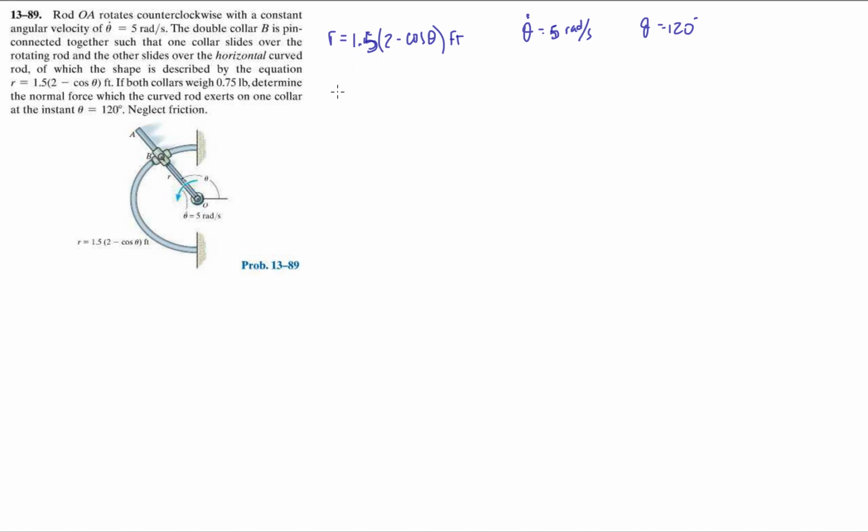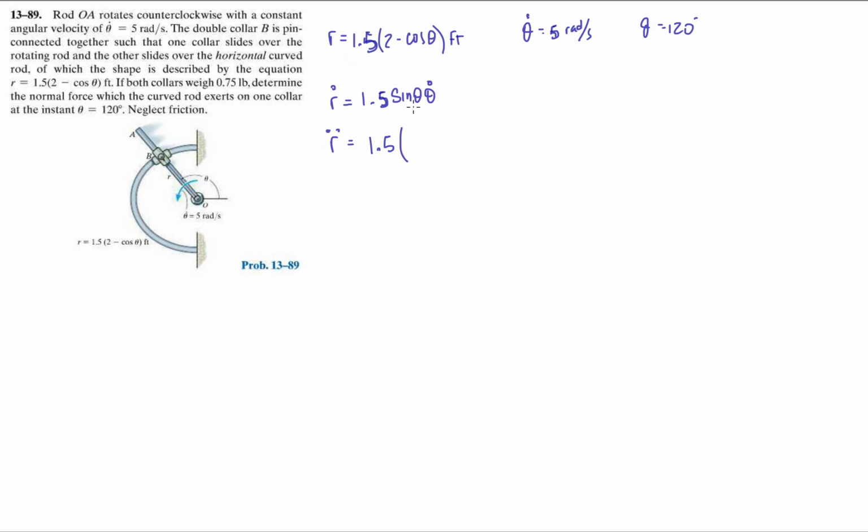So let's start with the derivations first. Let's do r dot. Take the one time derivative first. You should get 1.5 sine theta dot, and then you do the second time derivative, and you should get 1.5.